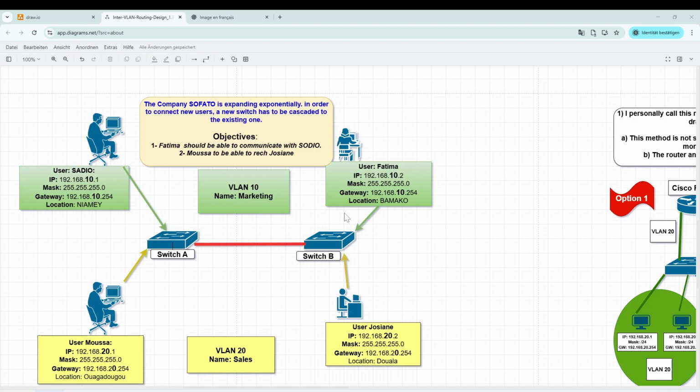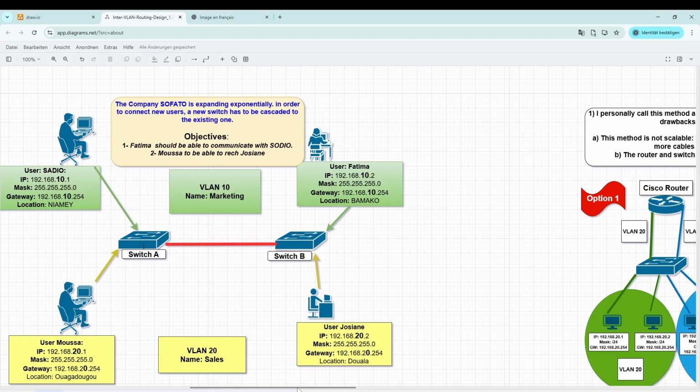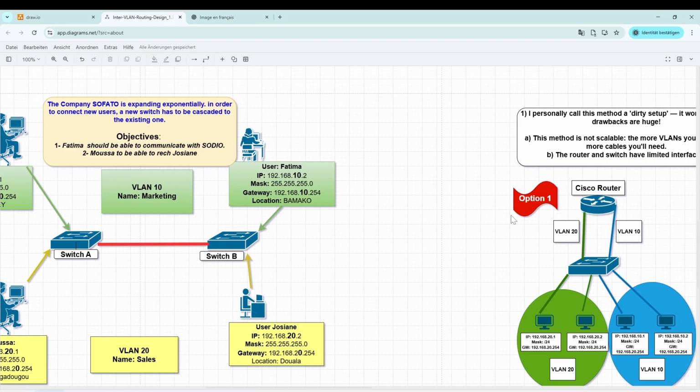So now we are moving into routing, and we implemented last time this solution here in order for users in the green area to communicate with users in the blue area. They need a router or a layer 3 device.